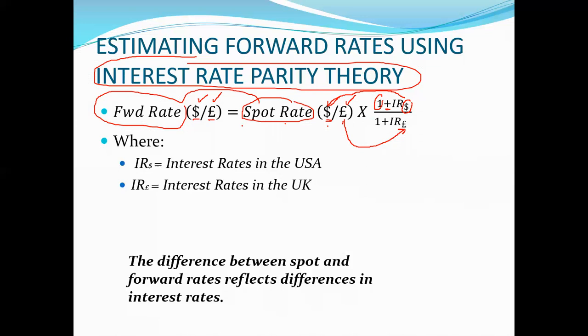We've noticed that it is dollar, dollar, and dollar. The interest rate on the dollar goes on top, the interest rate on the pound comes down. The difference between the spot and forward rates reflects the difference in the interest rates between the two currencies.